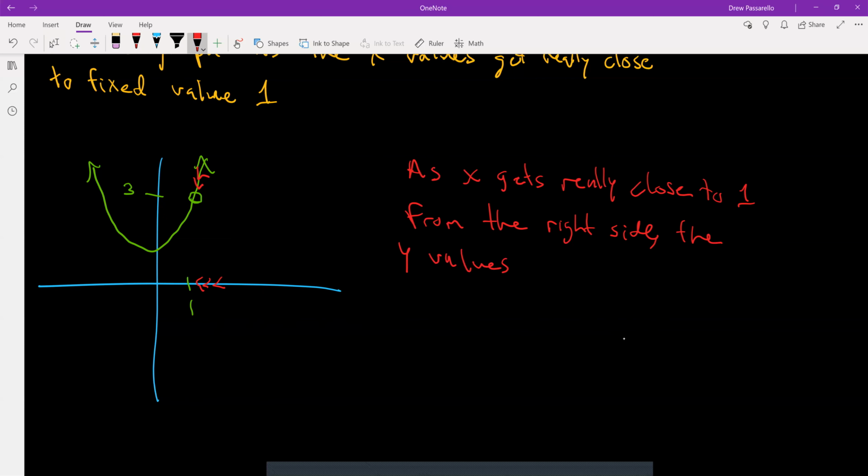And the y value of that hole is 3. So I'll go ahead and write that.